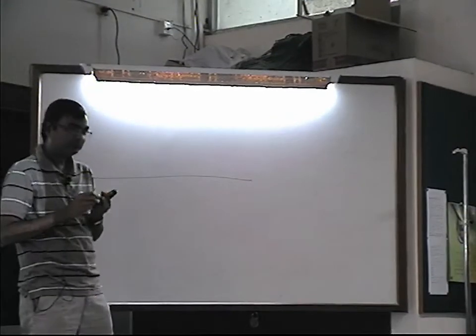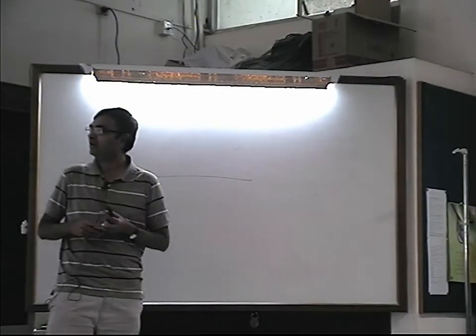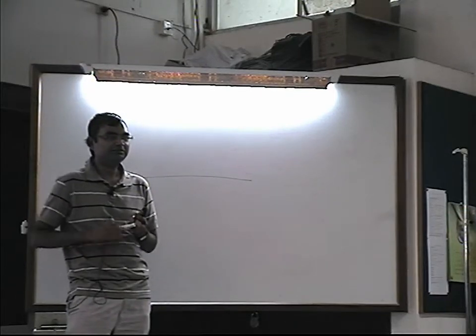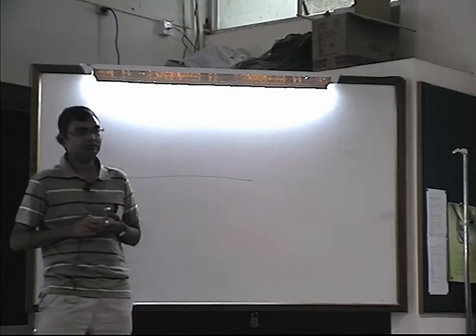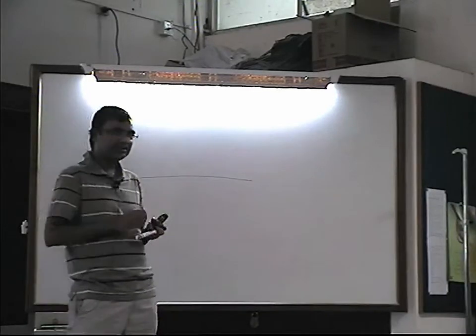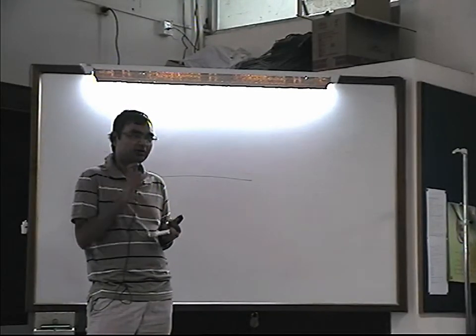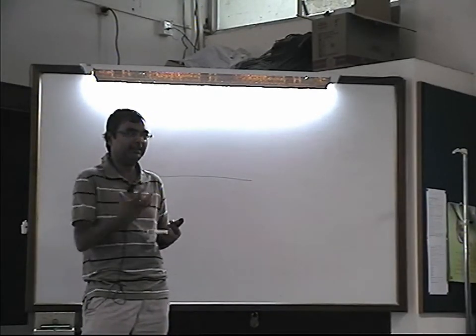What is an independent set? It's a subset of vertices with the property that there is no edge between any two vertices in that collection.